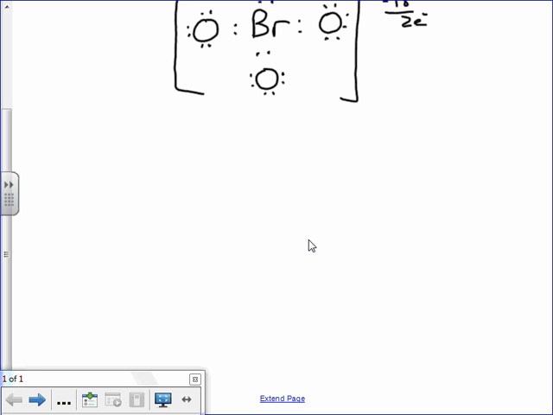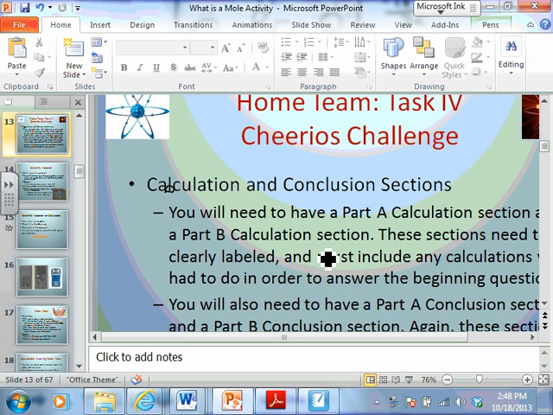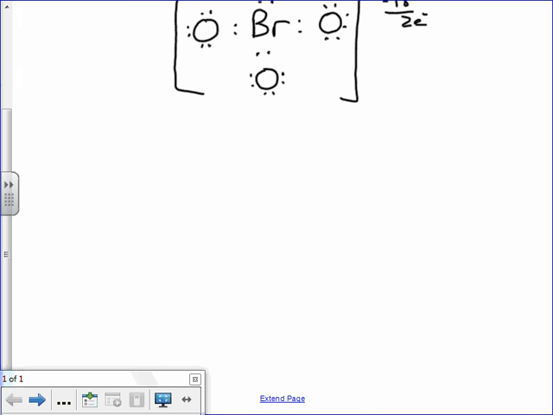Okay. Now we need to talk about something called formal charge that we did not talk about last year. Formal charge is kind of a useful thing, and this is the one new thing from this set of sections.